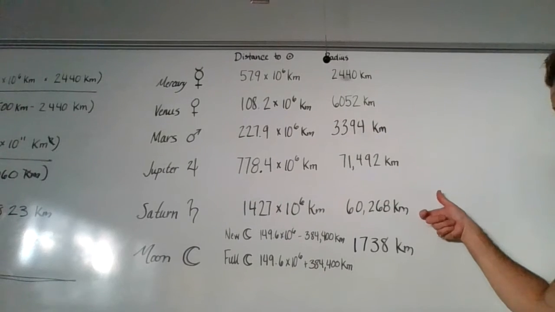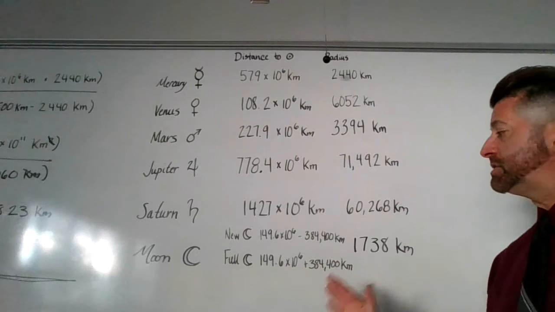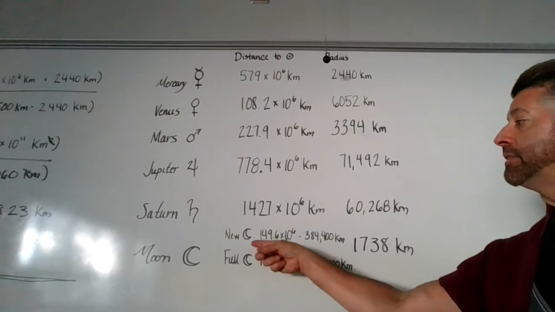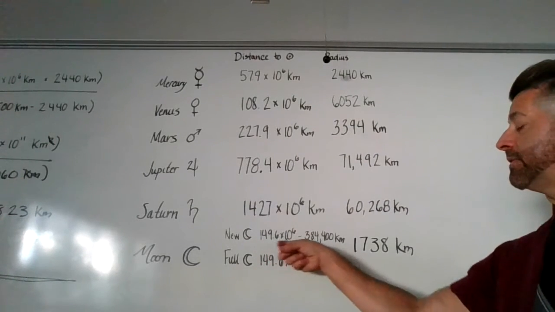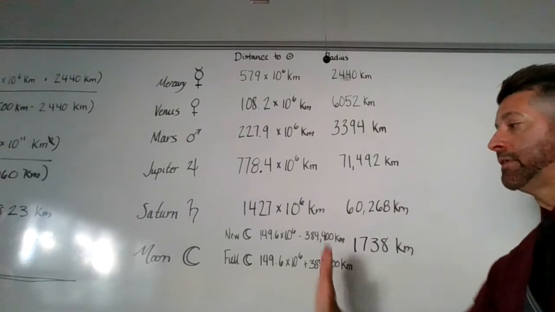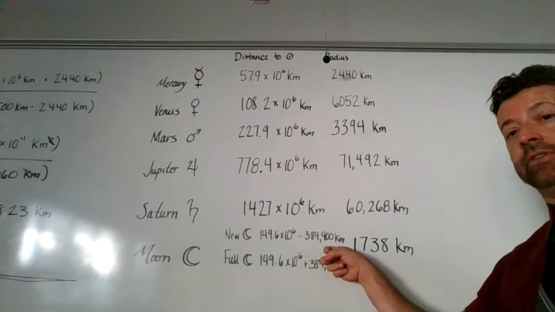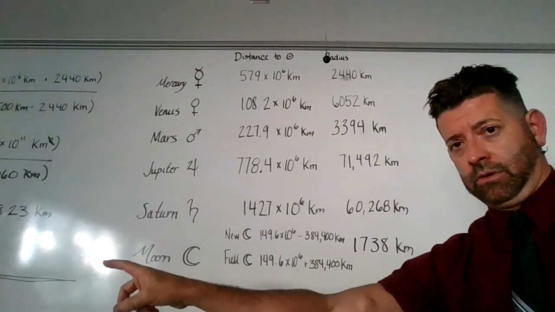Again, in kilometers. Now for the moon, you'll notice I put 2 here, because for question 6 on the homework, it asks you to calculate the new moon, which is the Earth distance minus the distance to the moon, because the moon is towards the sun, or 384,400 kilometers closer.